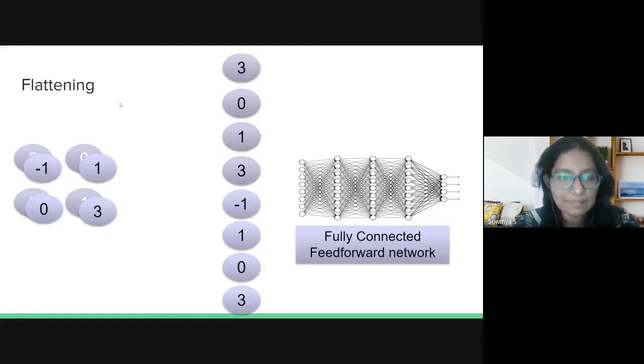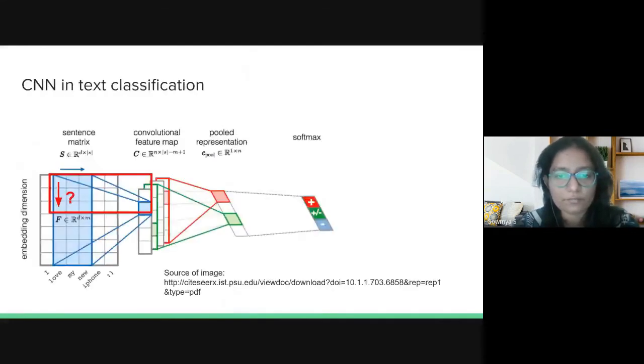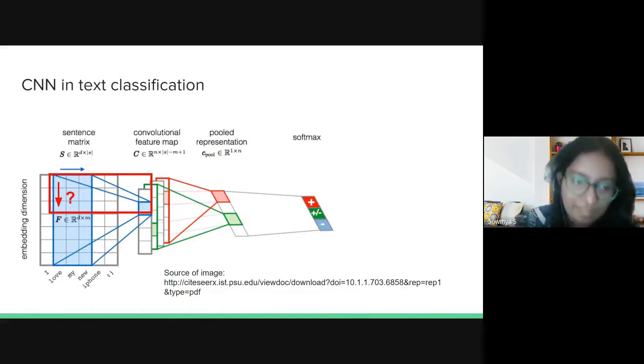Finally, you flatten this into a single vector and then pass it on to a normal fully connected feed-forward network for classification or whatever task you have at hand. Now, all this I was discussing because this still has significant use for text as well.